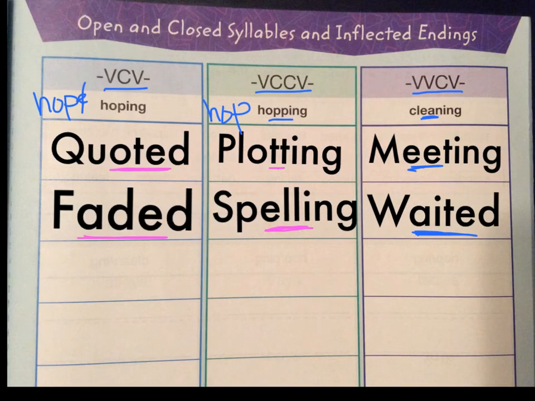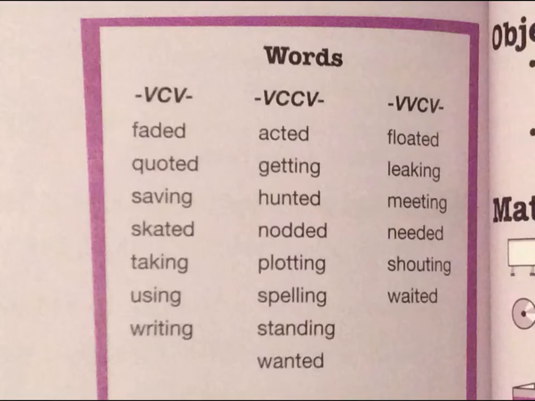Okay, so now that you've had a chance to sort all of your words, let's go ahead and take a look at the answer key. So here is the answer key for our sort 17. Let's see how you did.